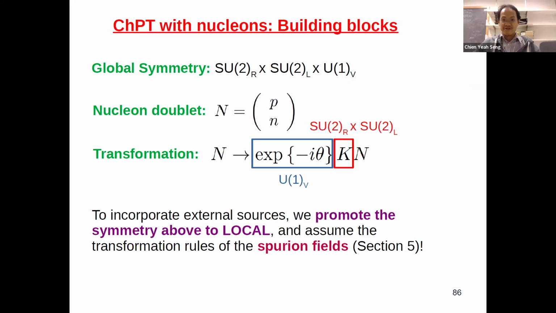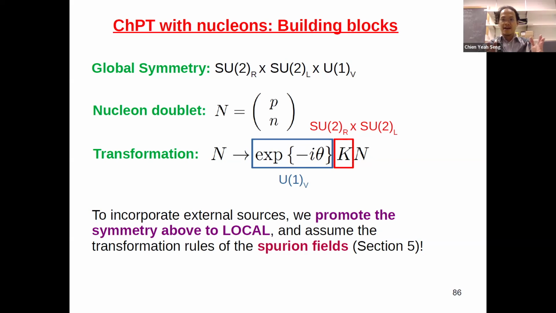Now we can introduce the building blocks of chiral perturbation theory, which includes the fermion. We want a global symmetry, which is SU(2)_R, SU(2)_L, and then the U(1)_V. And then we also have a nucleon doublet, which transforms under this symmetry as N goes to K times N times this U(1)_V transformation, which is just a phase transformation.